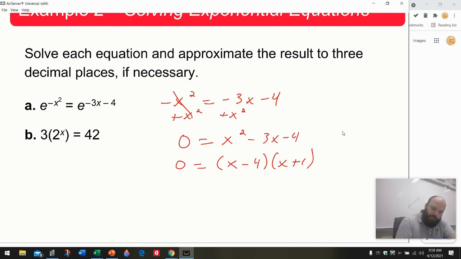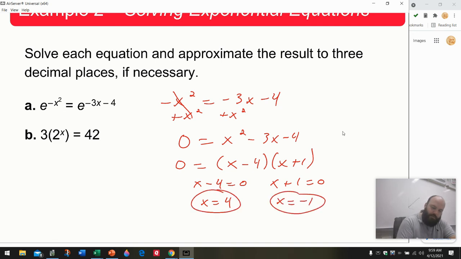And each of those will be set equal to 0 and solved. And so there's our 2 solutions to that equation. X will either be 4 or x will be negative 1.